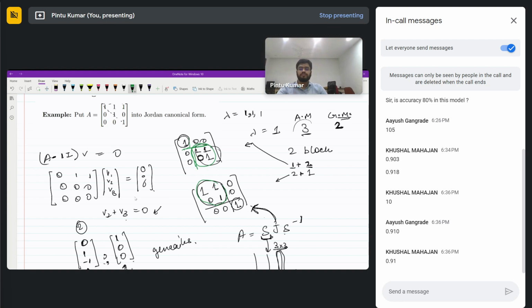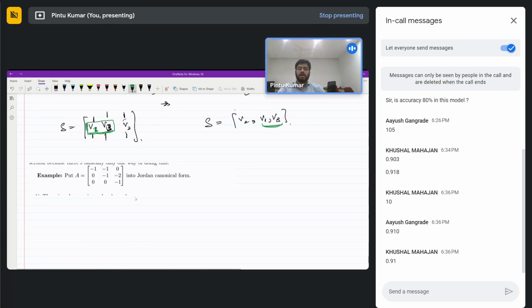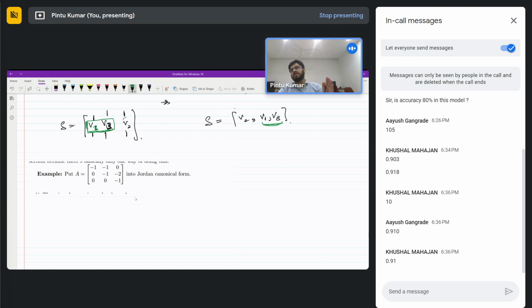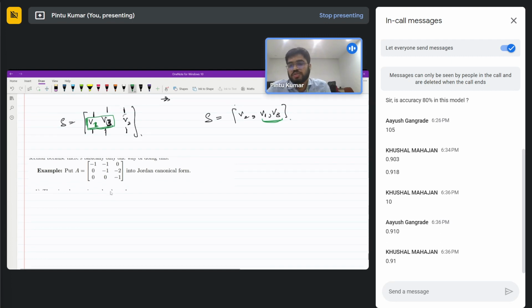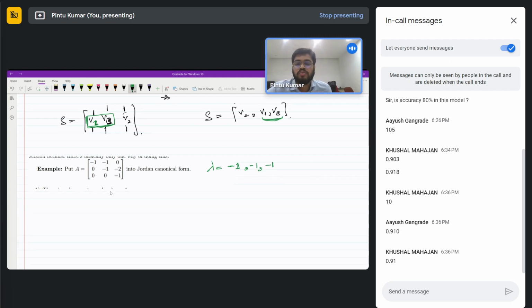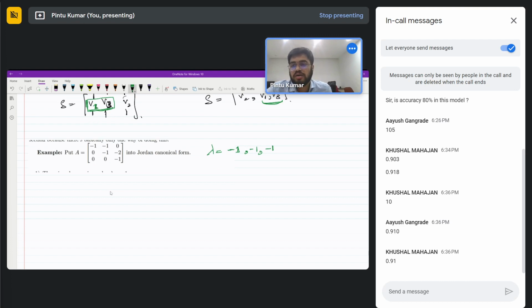Yes, sir. Okay, so if there is no doubt, I'll do one more example. So here is again a question. I purposely chose one where I don't have to calculate the eigenvalues. Again, the eigenvalues here are -1, -1, and -1. So for lambda equal to -1, my algebraic multiplicity is 3.